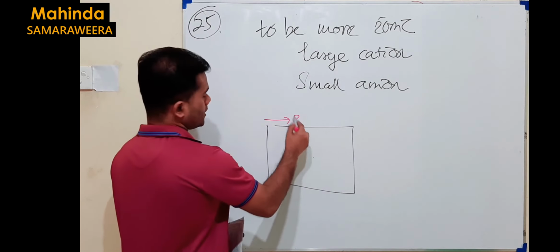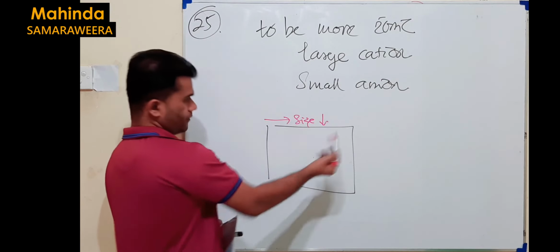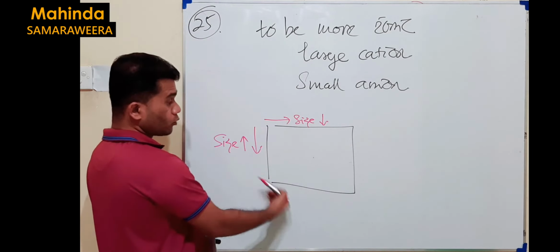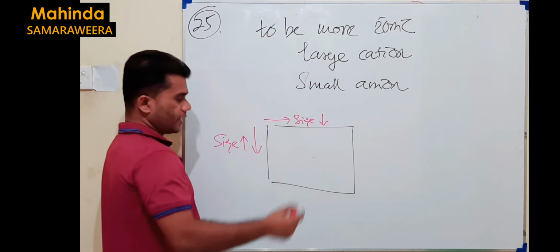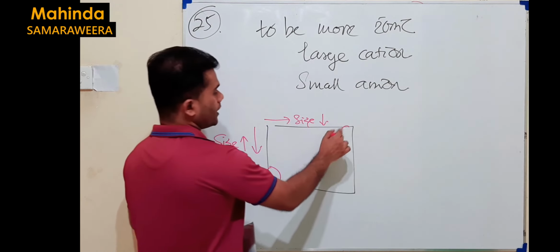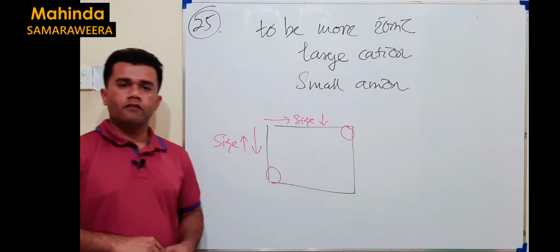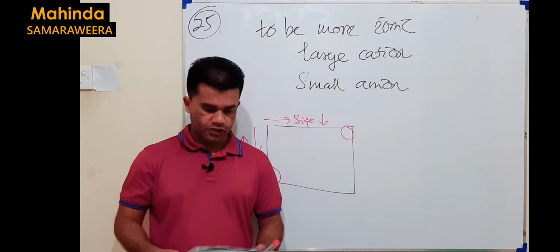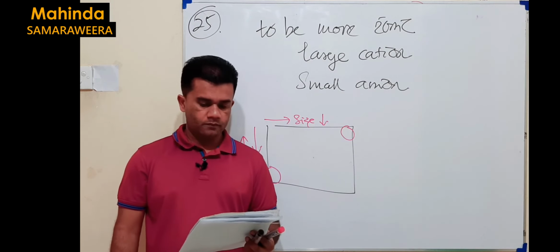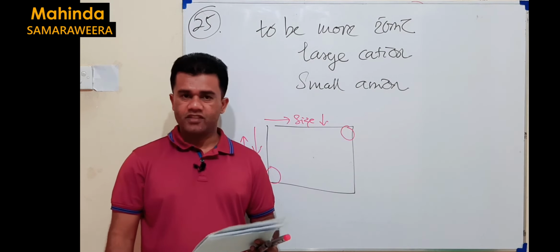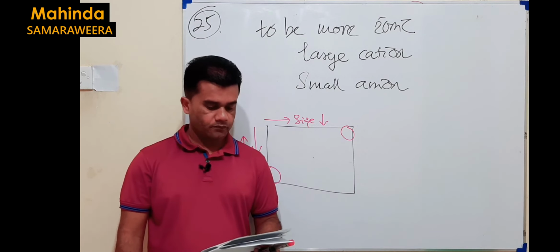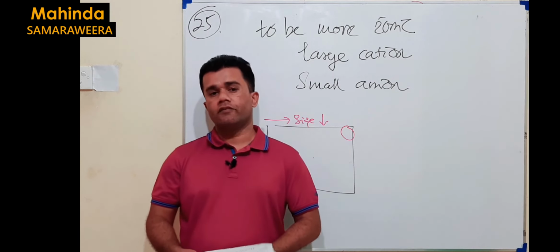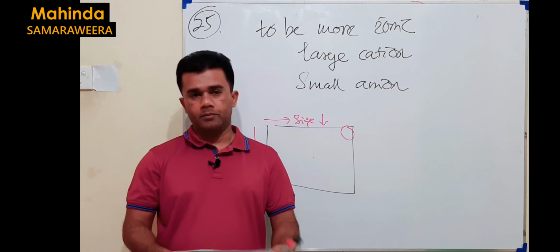Size decreases from left to right and increases from top to bottom. Therefore, to be more ionic, the cation should be somewhere here and the anion somewhere here. So according to position in the periodic table, you can compare the ionicity. So it's again true. So again 5, B, C, D, several answers. Okay, this is the end of the discussion of MCQ paper part 1.